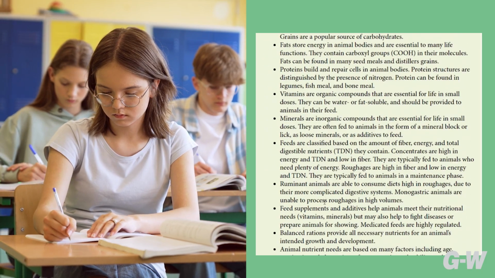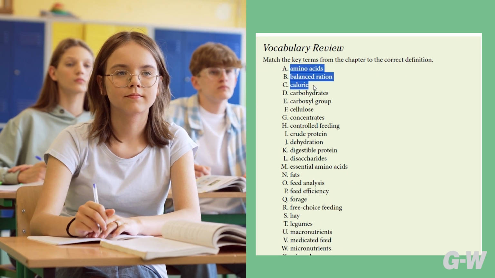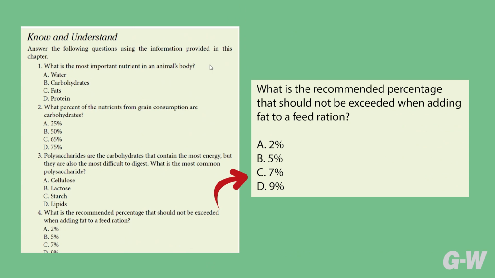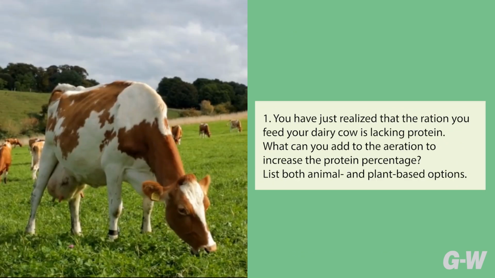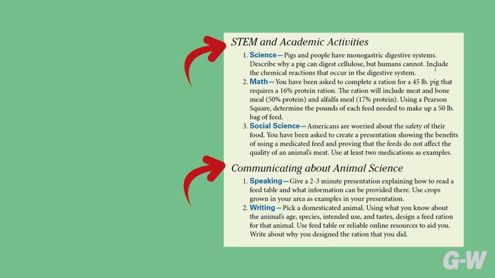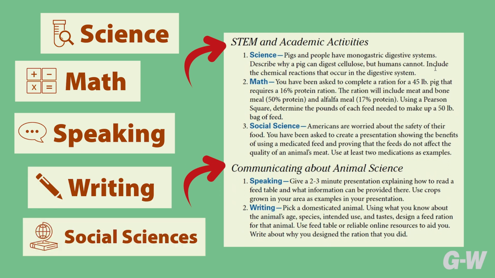Chapter review and assessment starts with a chapter summary and vocabulary review, which students can use to study for the chapter quiz. Know and understand questions test for comprehension, while thinking critically questions put knowledge into practice. Additional academic and communicating about animal science activities offer chances to use cross-curricular skills in science, math, social science, writing, speaking, and more.